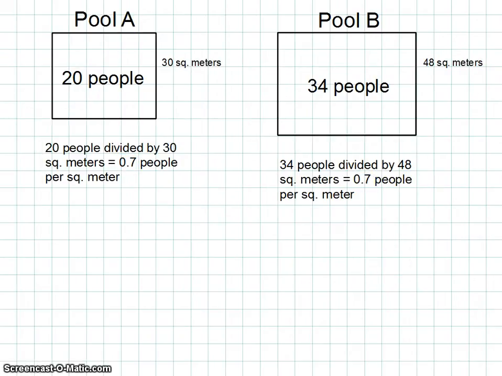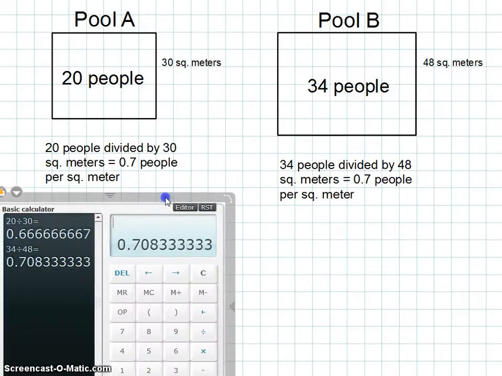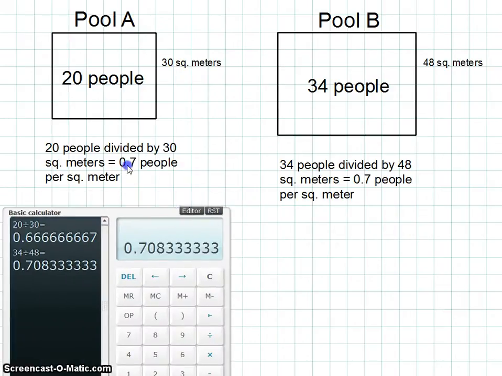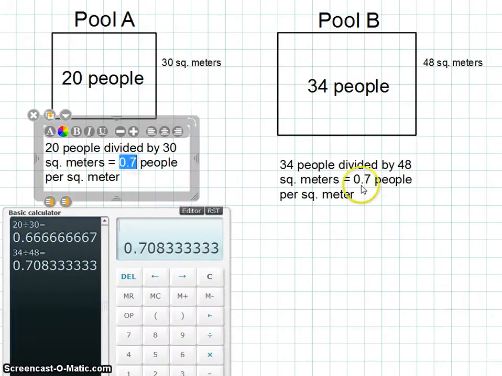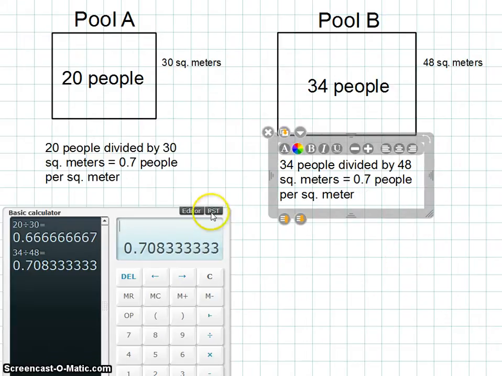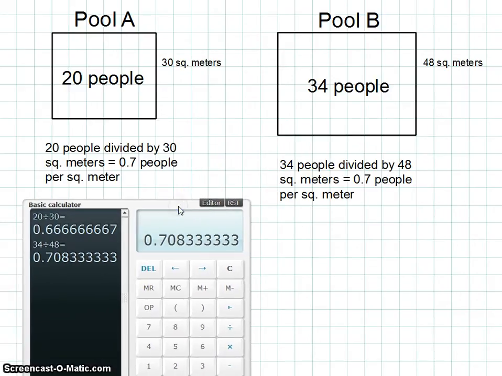Now, the reason this problem happened is because we rounded these numbers to the nearest tenth place. Let's solve the number sentence again using the calculator, and this time let's pay a little bit more attention to the actual number, not the number that we rounded to.